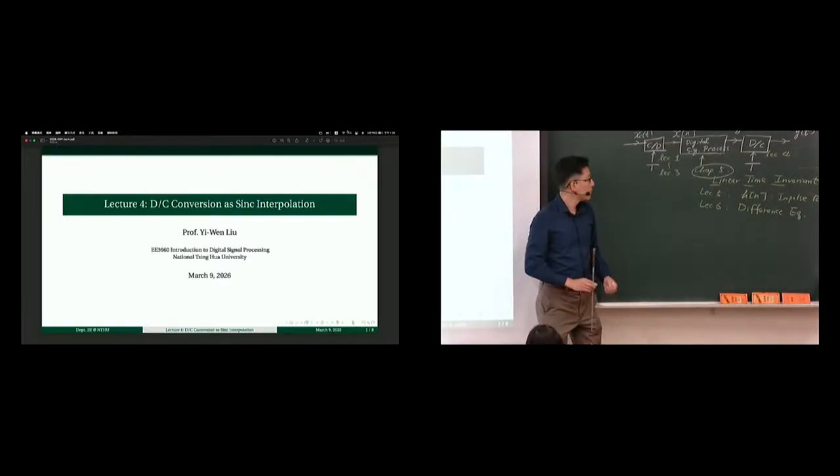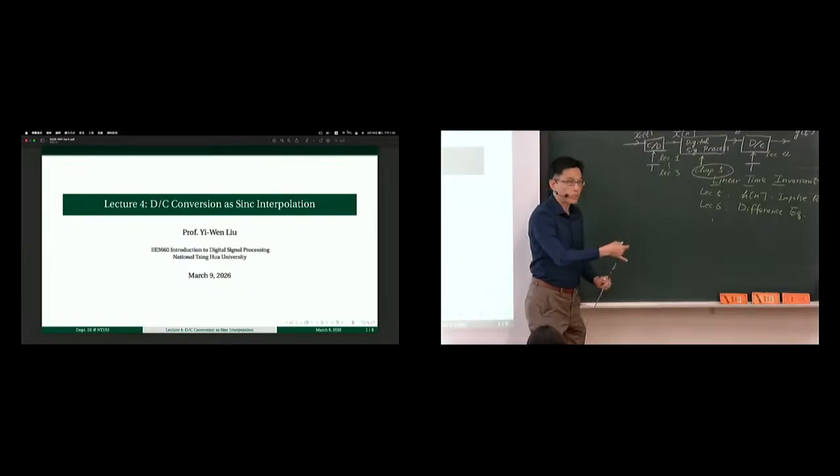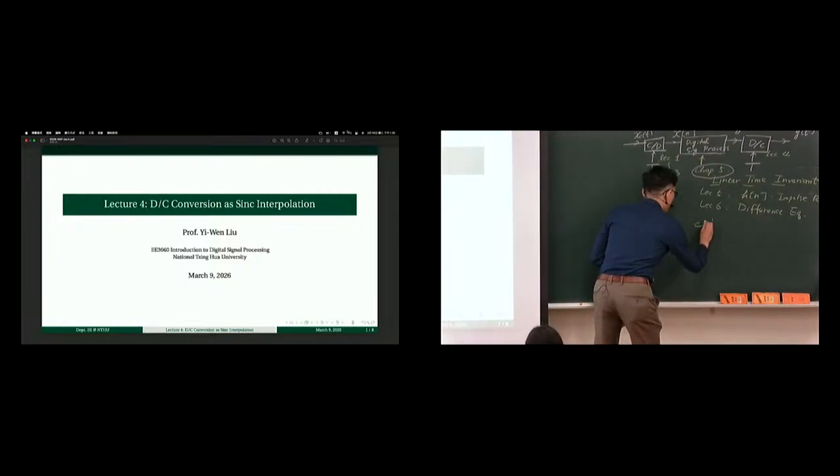But later, probably after spring break, we will start learning how to design such a system, design versus analysis. Later in this semester, we go to chapter 7 of the textbook.